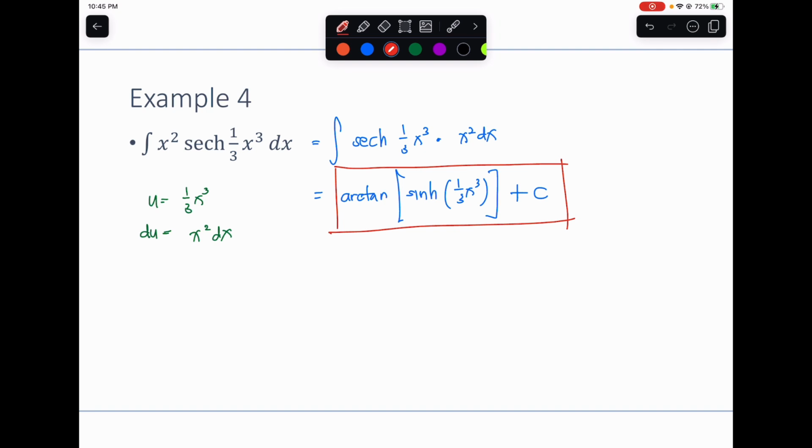Okay, so examples number 1 to 4 are just direct application of the 10 formulas for hyperbolic functions.